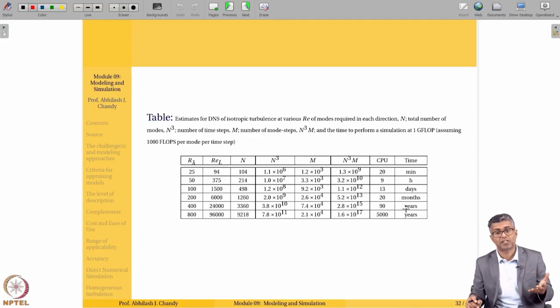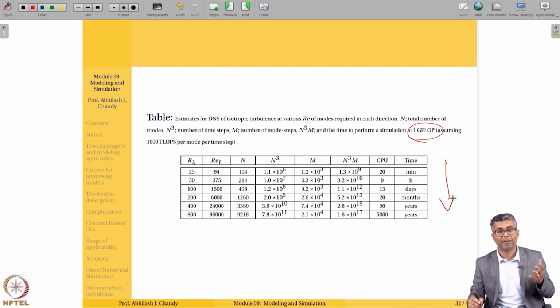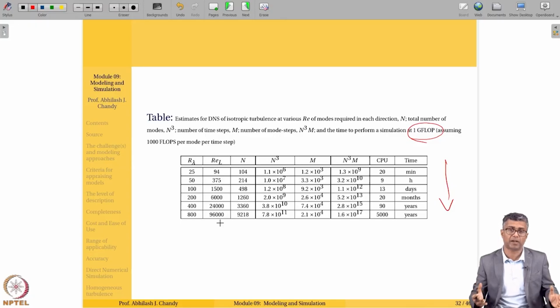So today we have exaflop machines. So this would be pretty much 9 orders of magnitude faster than a gigaflop machine. So everything in here can be divided by 10 to the 9 to get an estimate, right? So let's take a very high R lambda, which is about 800, and REL of 96,000, which is a very practical Reynolds number. A gas turbine engine would be close to that, or in fact more than that.